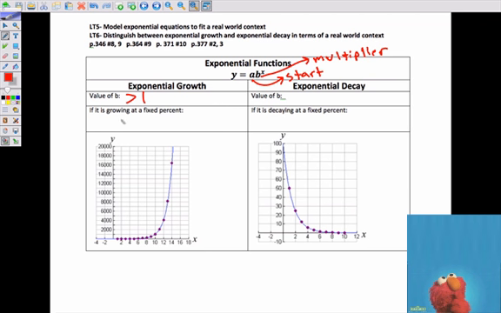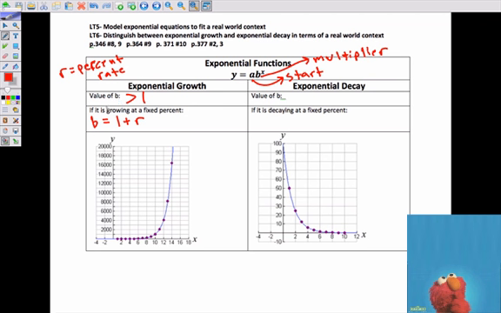If it's growing at a fixed percent, which is what we saw with the population growth of the Earth, we were able to calculate a fixed percent. Then our b value is going to be equal to 1 plus the percentage rate, which I'll say r. We'll say r is percent rate.